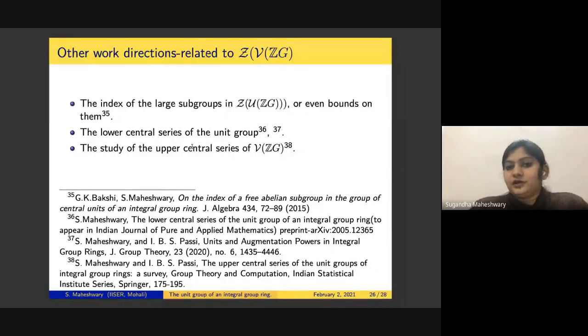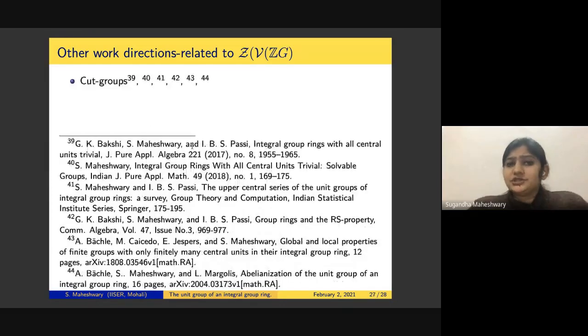Whether the rank of that free abelian part is 0 or not. As I mentioned, rank 0 is a very important consideration. We are calling these groups cut groups. This term was coined in our joint work with Professor Passi and Professor Bakshi. So we tried to understand all the groups G, the finite groups G to begin with, where the central units of ZG are trivial.